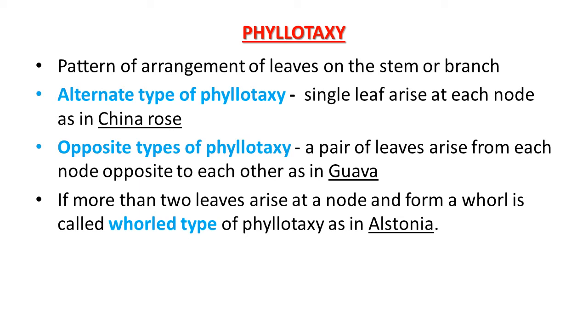This pattern is commonly observed in Alstonia. This plant's local name is Saptaparni. Saptaparni means seven leaves arise from a single nodal region, and that's why it is one type of whorl type of phyllotaxy.